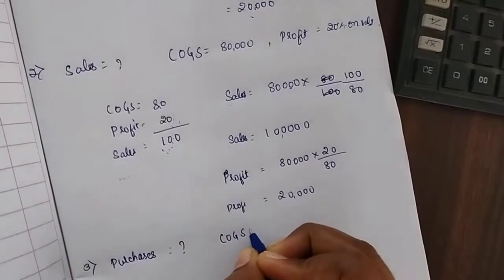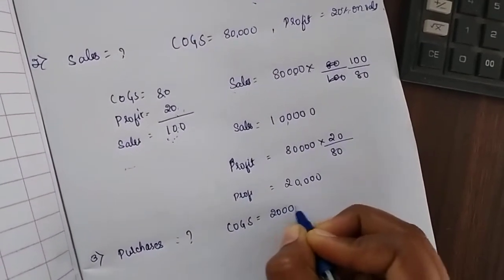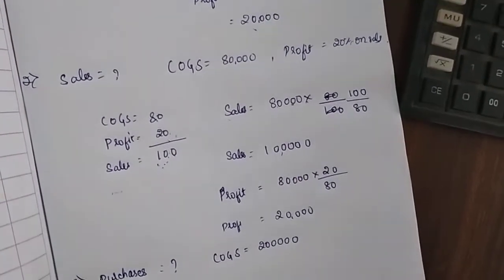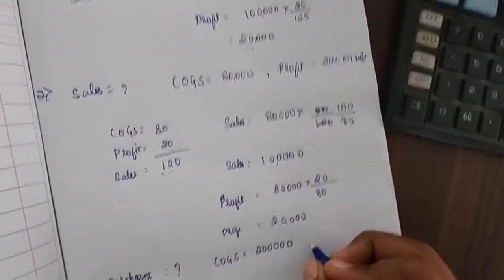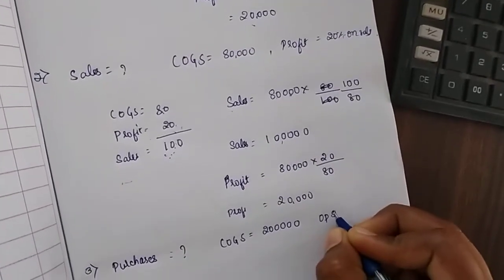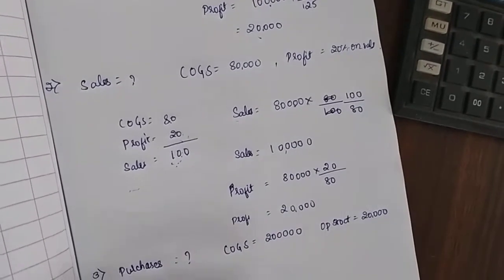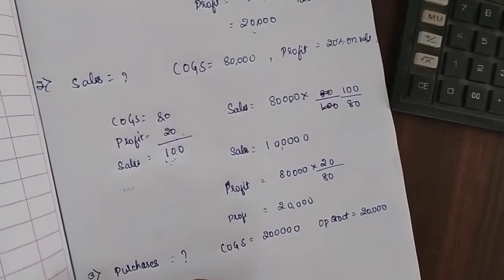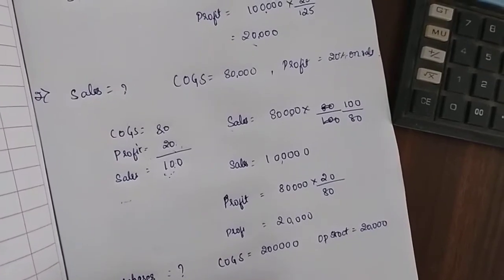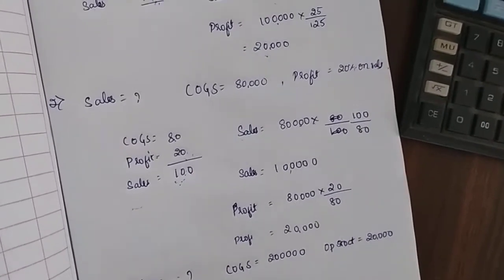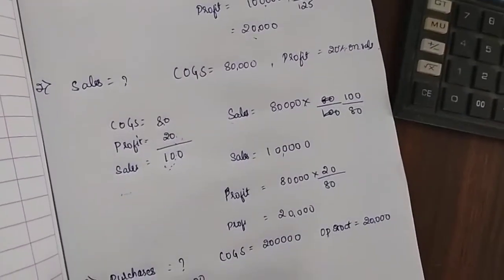Cost of goods sold is 2 lakh, opening stock is 20,000, and closing stock is 50,000.